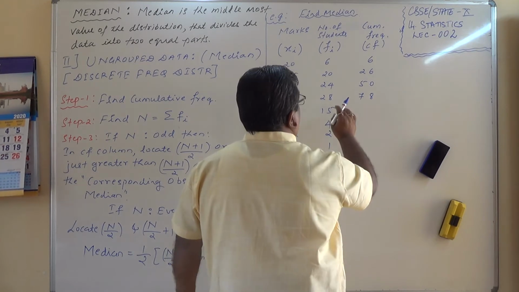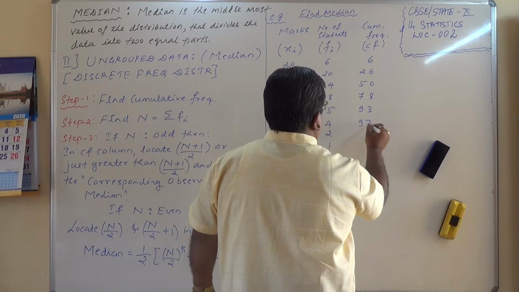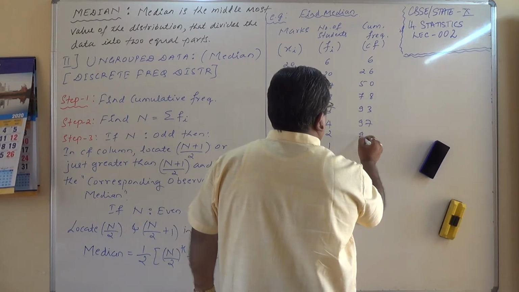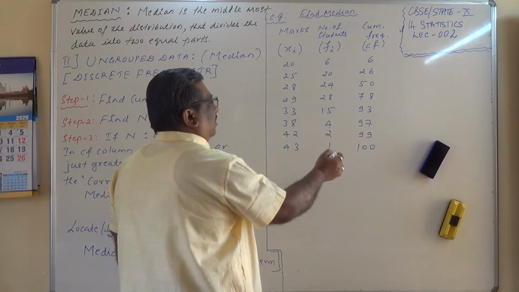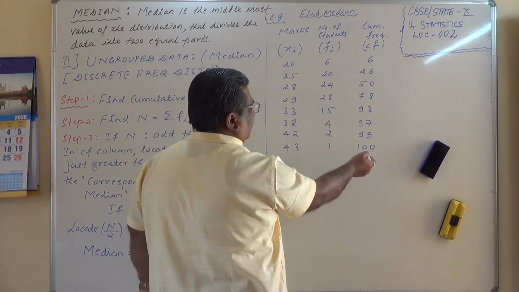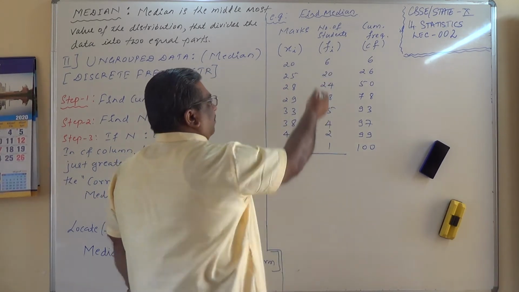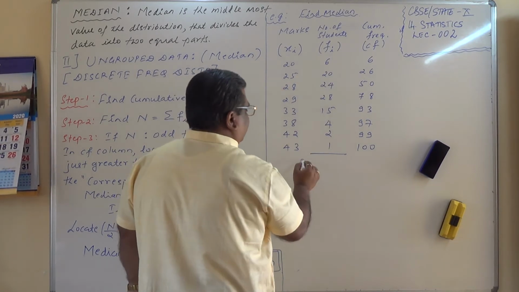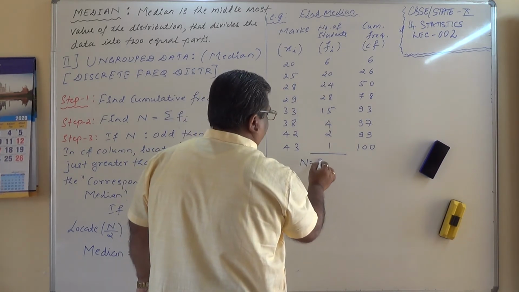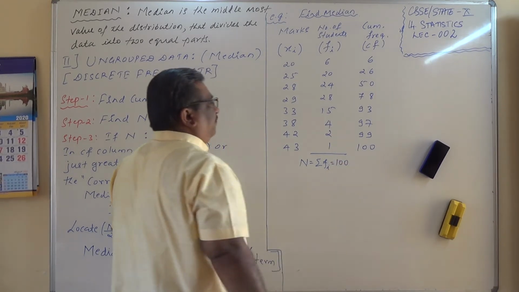Then 92, 93, 97, 99, 100. And therefore the total cumulative frequency is 100, which means the sum of all these frequencies, n equals sigma fi equals 100.